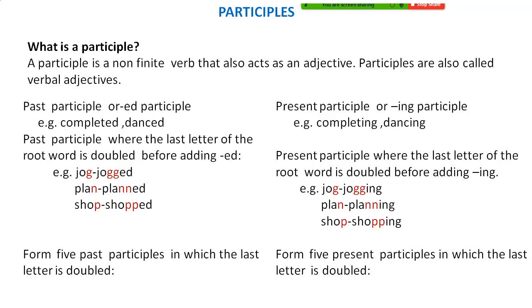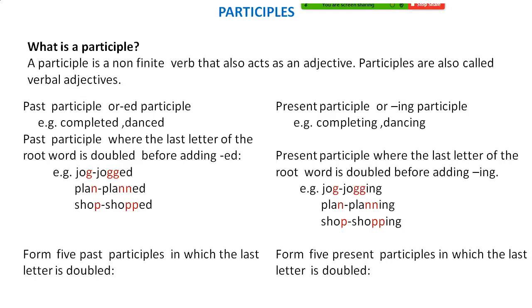We move on to present participles or ing participles, examples of which are completing and dancing. There are present participles where the last letter of the root word is doubled before adding ing. For example, jog.